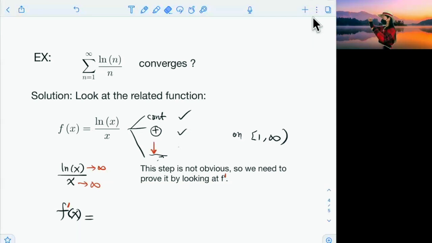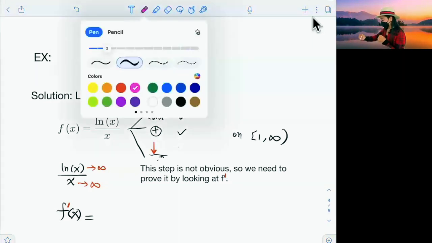So the top goes up and the bottom also goes up, and you want to see which one goes to infinity faster. Yes, it makes sense.